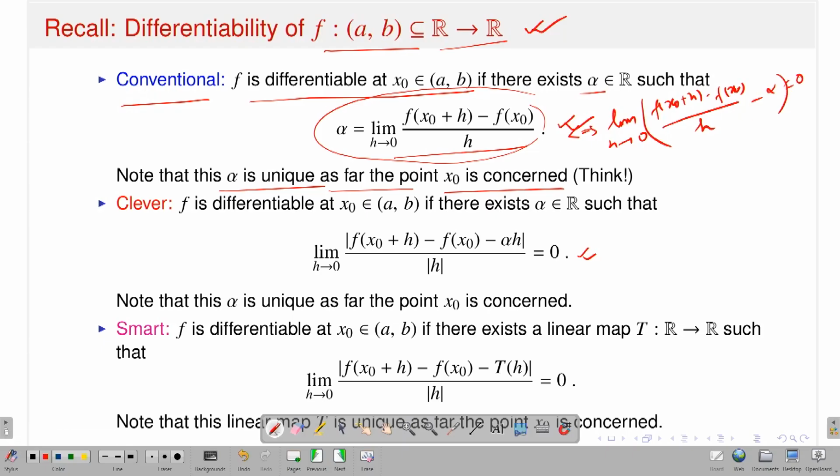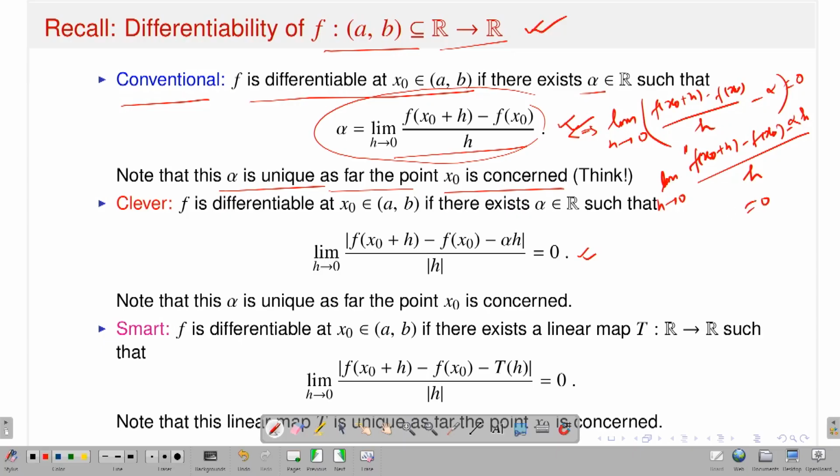I am just moving alpha to the other side. This is the same as the limit as h approaches 0 of f of x naught plus h minus f of x naught minus alpha h, divided by h, equal to 0.